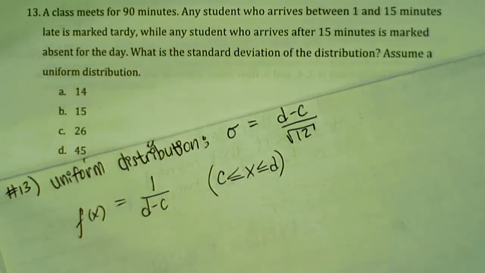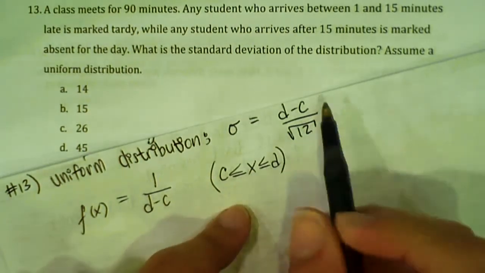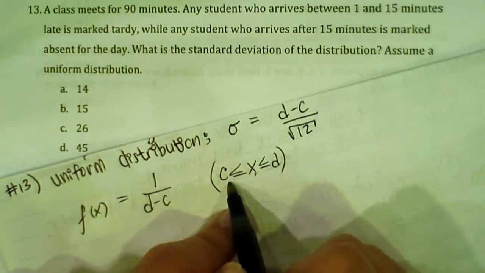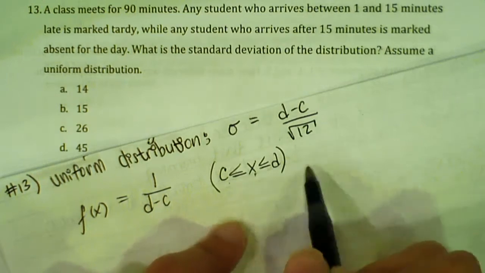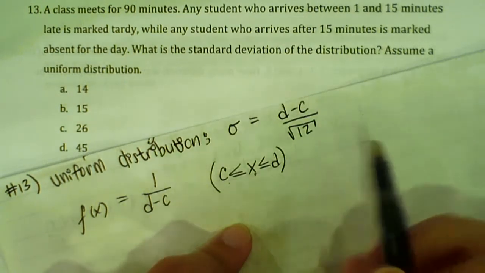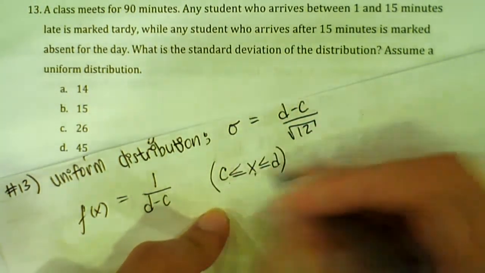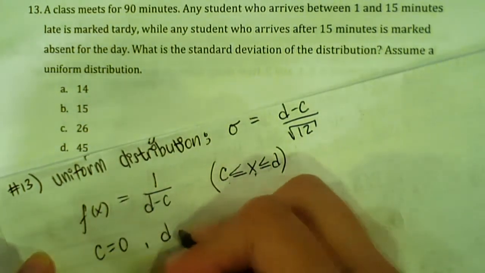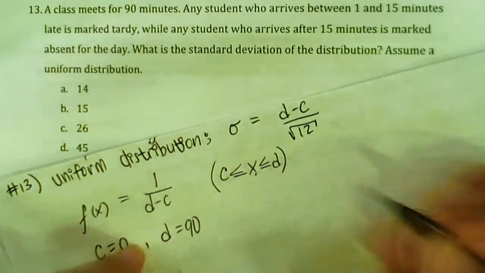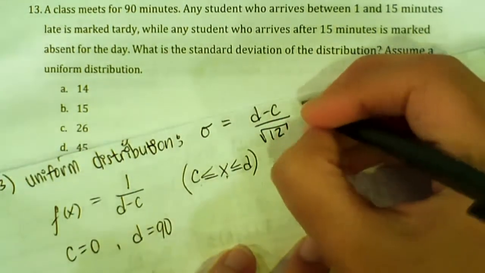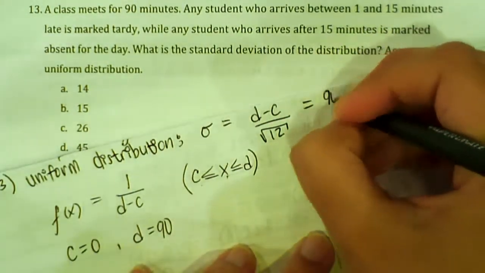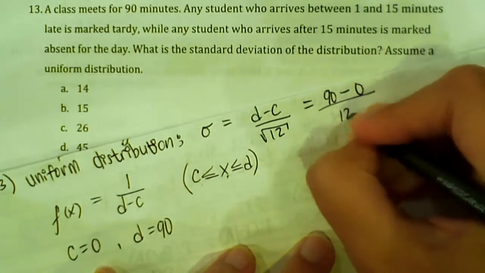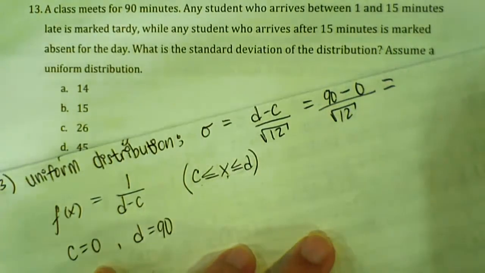Okay. So here it says that x is less than or equal to D, but greater than or equal to C. So what would be C and D? C would be 0 and D would be 90. So that means that here we would go ahead and put 90 minus 0 over the square root of 12.